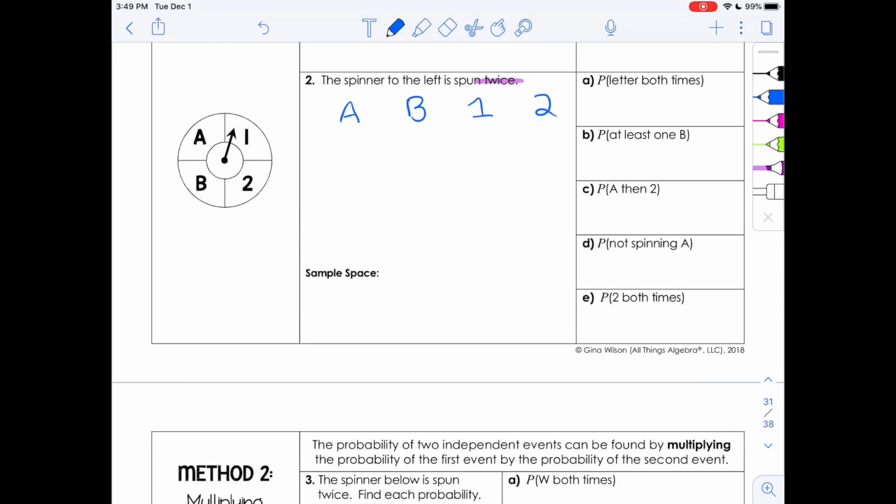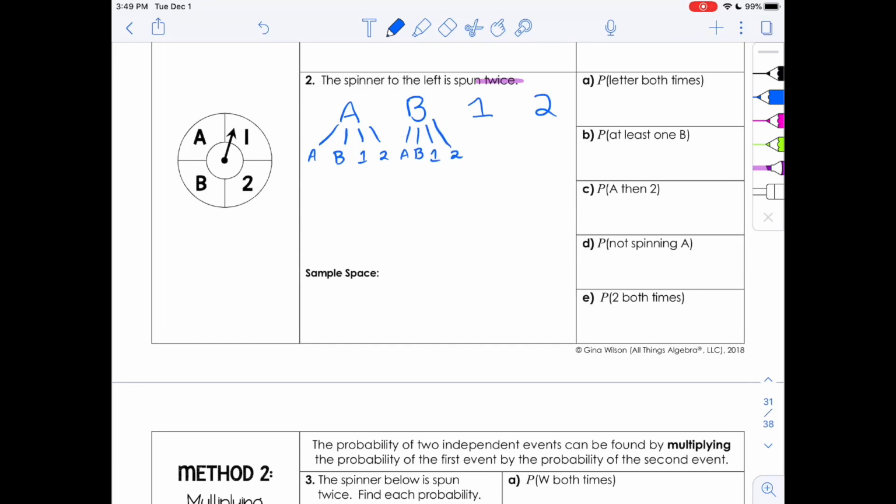If it lands on A, I could spin it again and it could land on A again, could land on B, 1, or 2. If it landed on B, it could land on A the second time, or B, or 1, or 2.